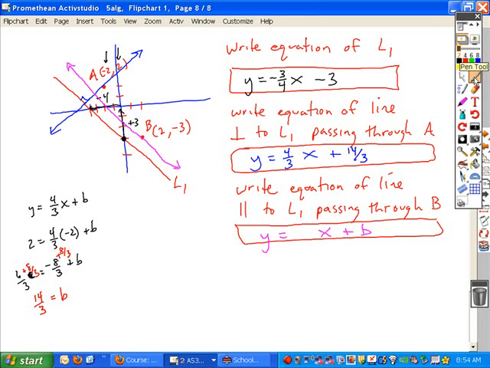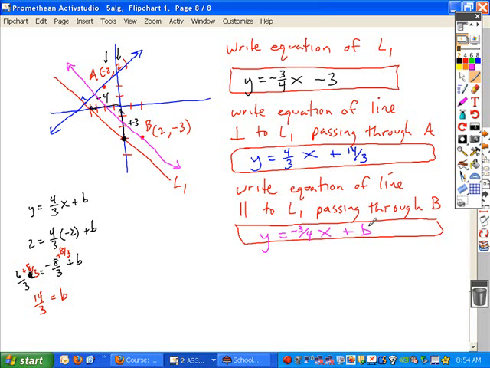When lines are parallel, what's the relationship between their slopes? They're the same. So what slope is this going to have? 4/3 or negative 3/4? It's parallel to line 1, so we have to go back to line 1. So it's going to have the same slope, negative 3/4 x plus b.